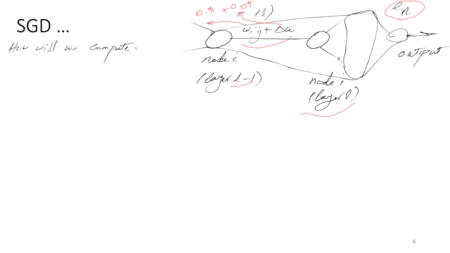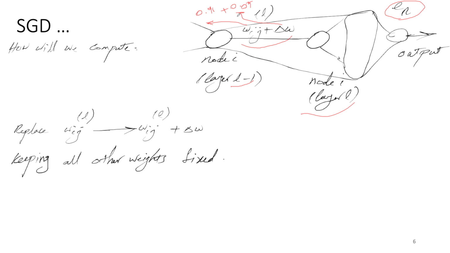So we simply replace Wij of L by the delta W. We adjust it with that, keeping all the other weights fixed at this point. So now let's say we have a new omega, because we have adjusted the weights, right? We don't talk about the previous W's. So we can define omega plus k as the resulting model with the new weights.